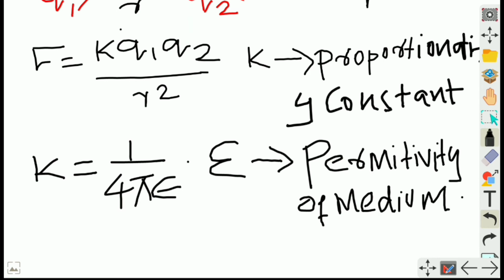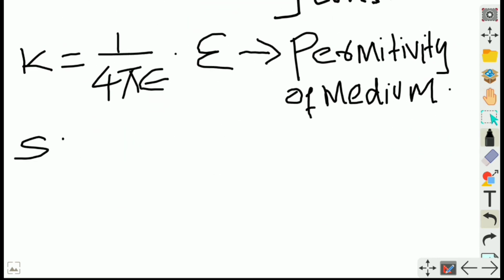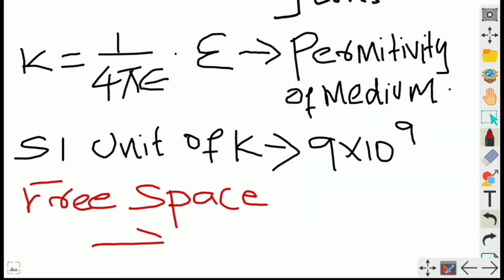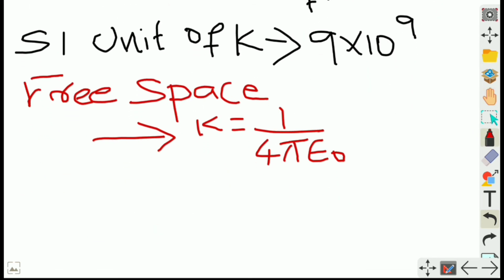In SI units, the value of K is 9 into 10 raised to 9. If the charges are kept in free space or air or vacuum, K equals 1 by 4 pi epsilon 0.